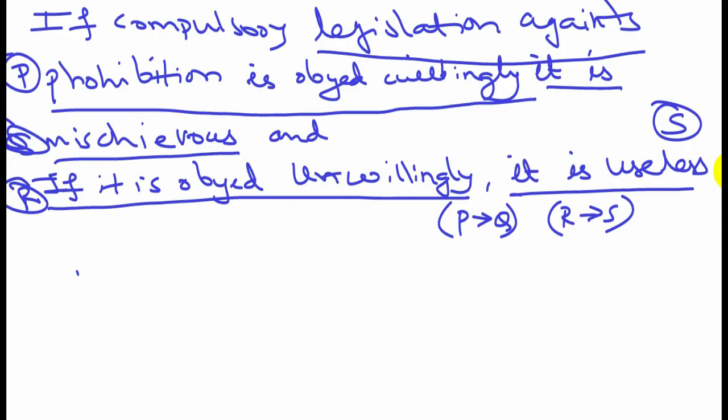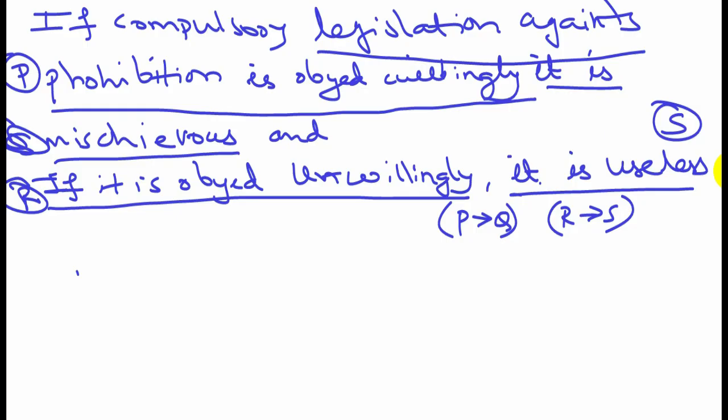Okay. Now, the minor statement would say P or R, that is, legislation against prohibition is obeyed willingly or unwillingly, then it is mischievous or it is useless.